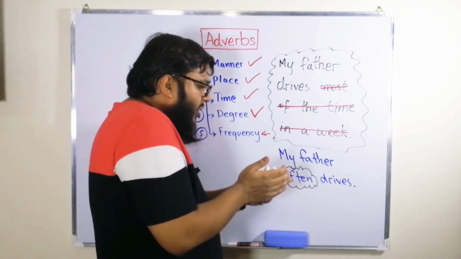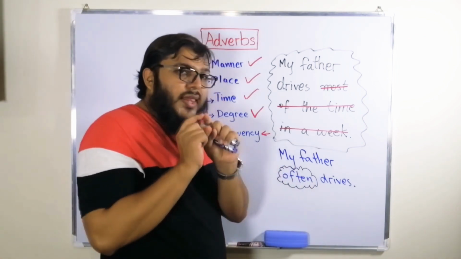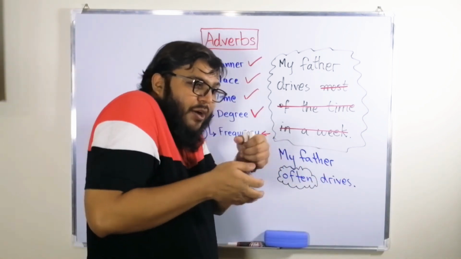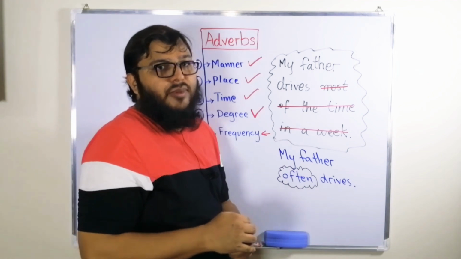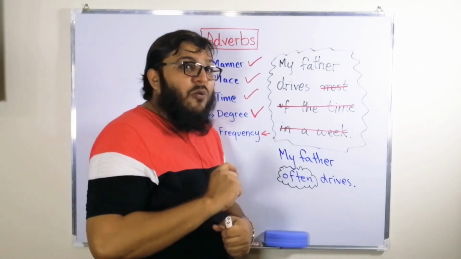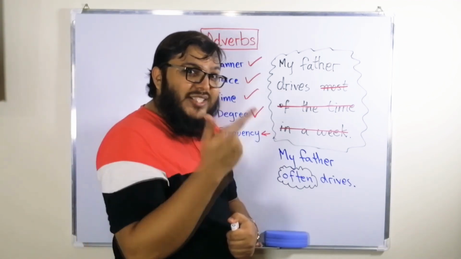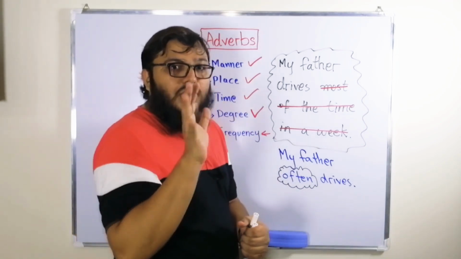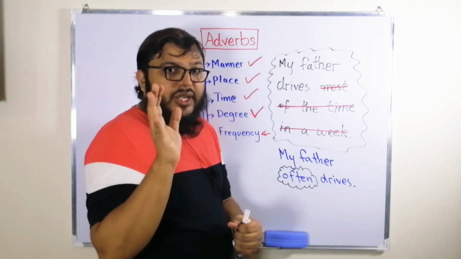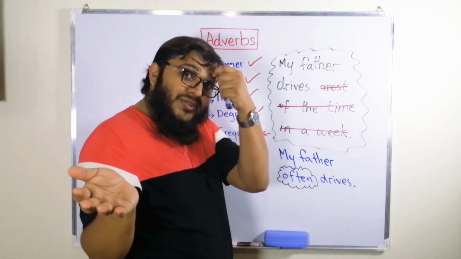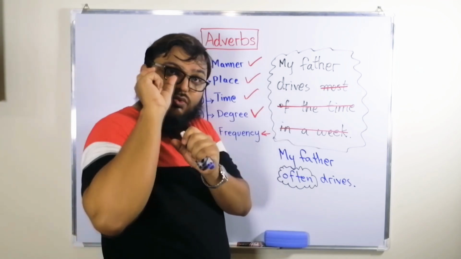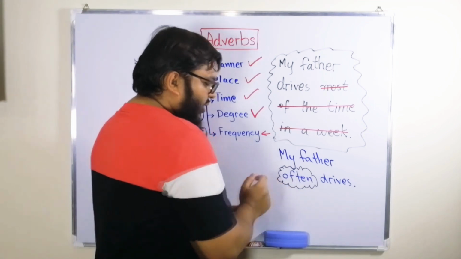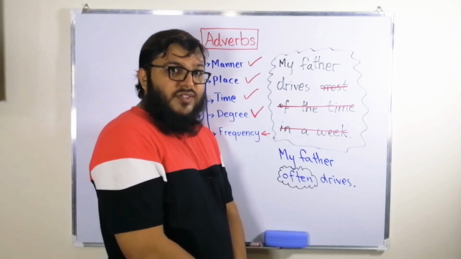This word talks about the happening of the action, how many times that action happens, right? How many times? 1 time, 2 times, 3 times, most of the time. So if you have these questions in your mind, how many times something happens, you need to put one word to answer this. And those words are like, my father often drives.